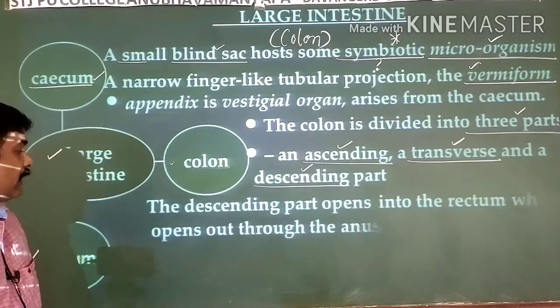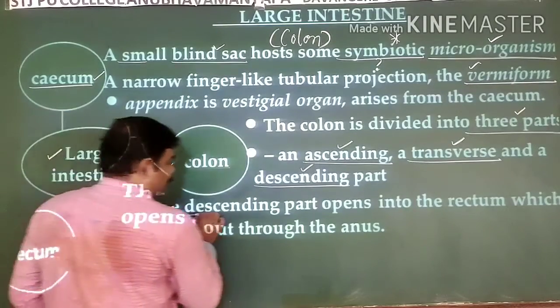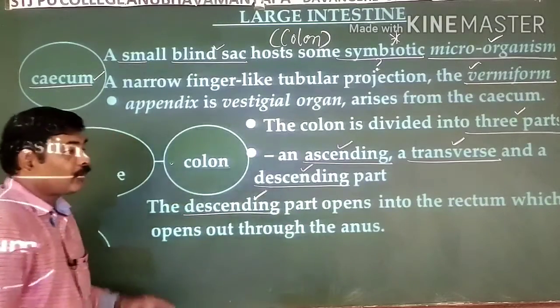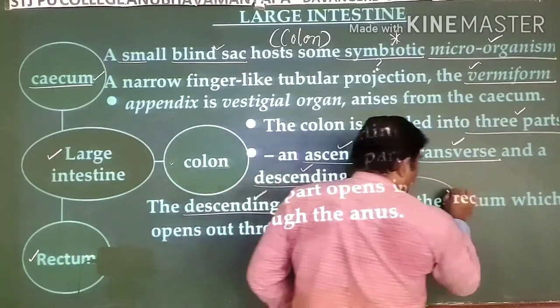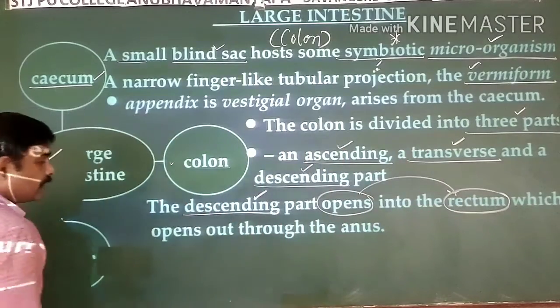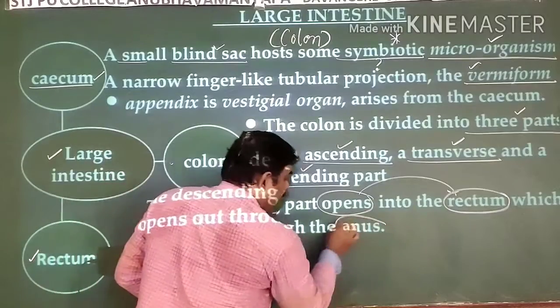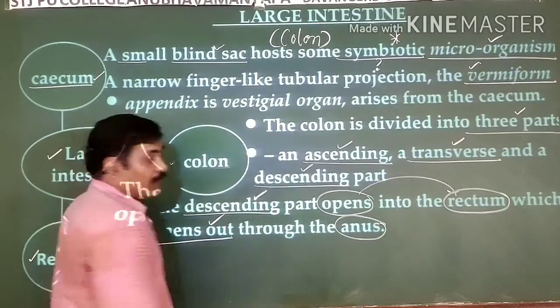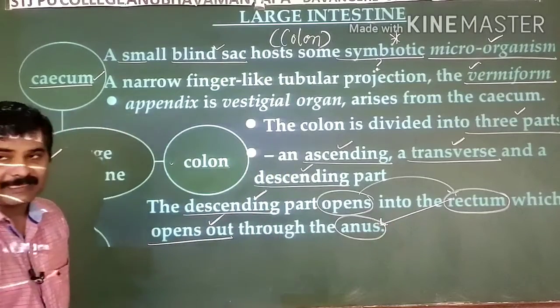Clear? Right. And another important part: the descending part of the colon opens into the rectum. That's what I said just now, right? And this rectum opens out through the anus.